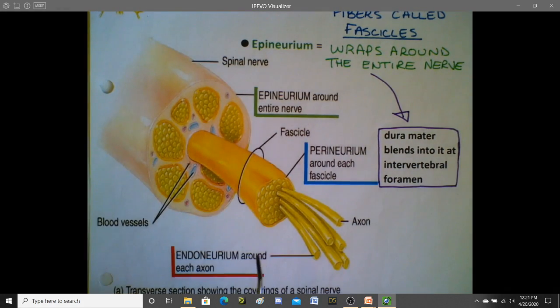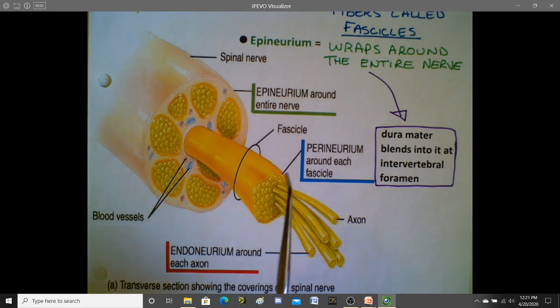So each individual component, every axon is wrapped in connective tissue called endoneurium. Remember, every muscle fiber was wrapped also in connective tissue, and we called that endomysium. But in the nerve, the axons are wrapped in endoneurium. Then all those axons are bundled together into a fascicle.